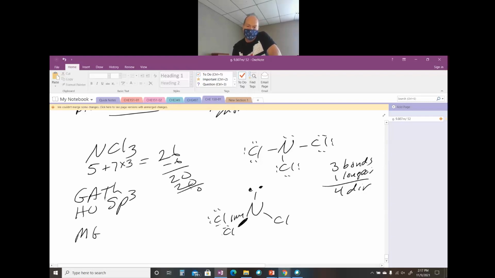And so this is your 3-dimensional picture. All right, and so your electron pair is invisible, so you have your triangle base coming up to an N. This is a trigonal pyramidal. And the bond angle for tetrahedral, 109.5.